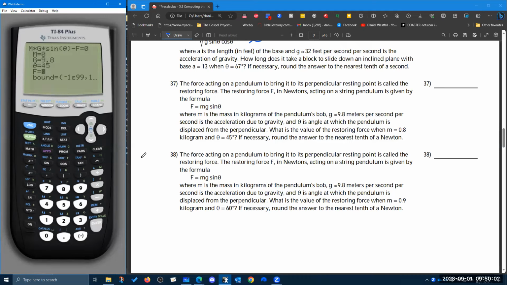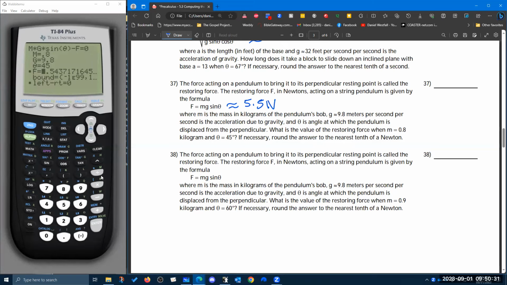And so we want M to start off at 0.8, and we want to find the force. The force is going to be calculated in newtons here. Because we're in the metric system, nearest tenth of a newton, so this is going to be about 5.5. Capital N is the symbol for newtons.